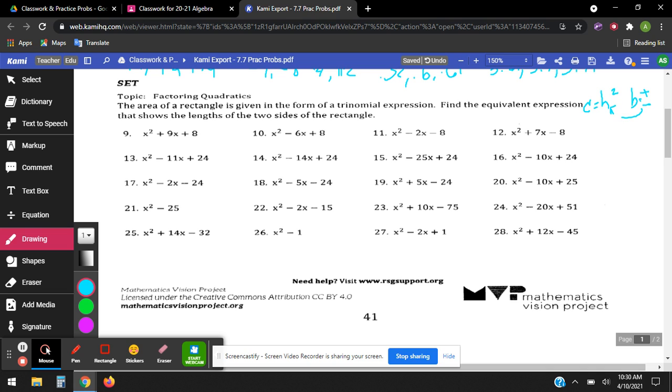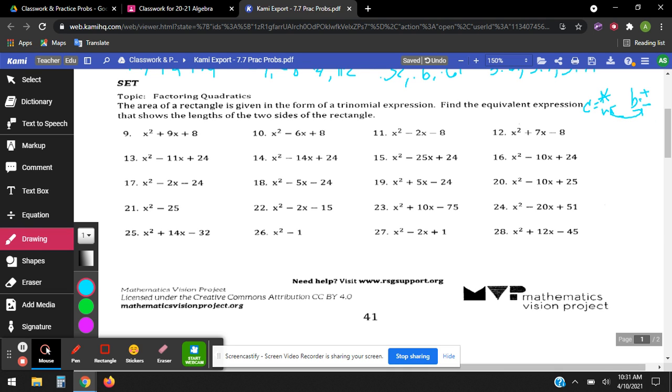I'm not sure what letters we used last time. We're multiplying. So it's a C is when the two are multiplied, B is when they're added or subtracted. Those same numbers are being done.